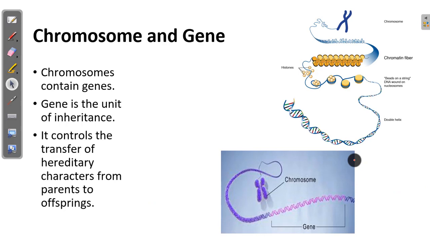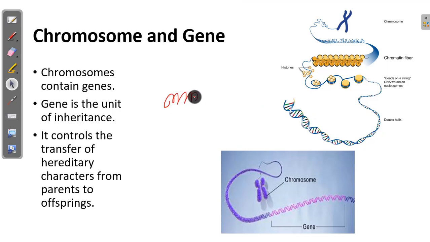Moving to the next thing: what is a chromosome, what is a gene, and what is DNA? This is a very big confusion among children who come to hear about chromosomes, genes, and DNA for the first time. You can compare this with the thread that we use for sewing. You have seen the thread. The thread is attached to a support.